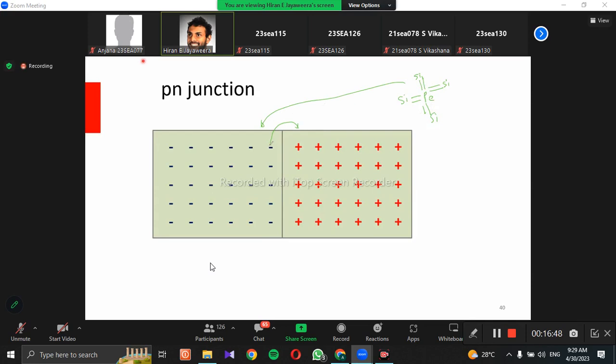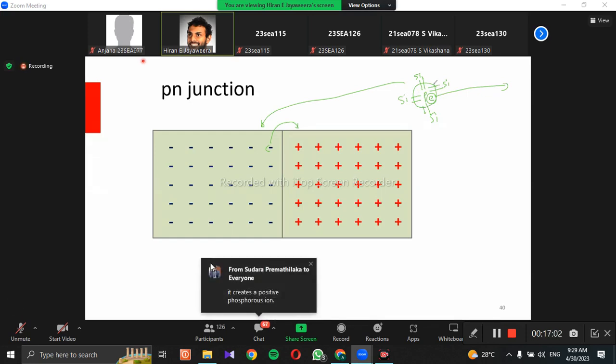Now this electron could be something like this. Then if this electron moves somewhere else, what happens to this phosphorus atom? It creates a positive phosphorus ion, right?